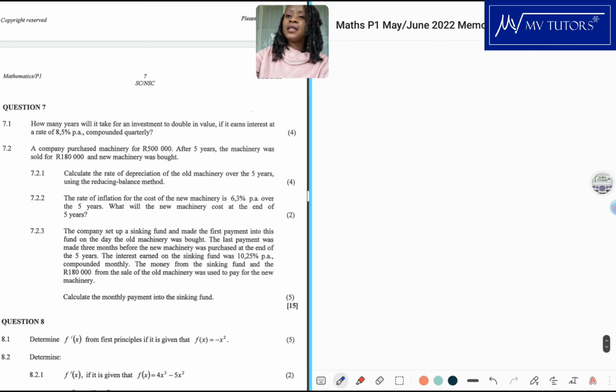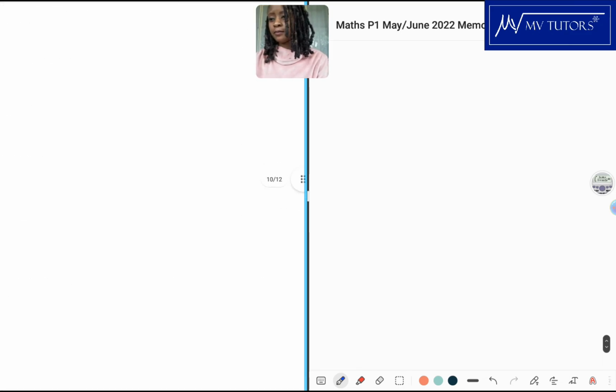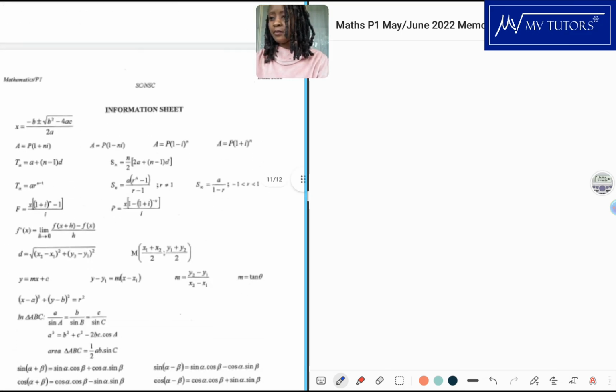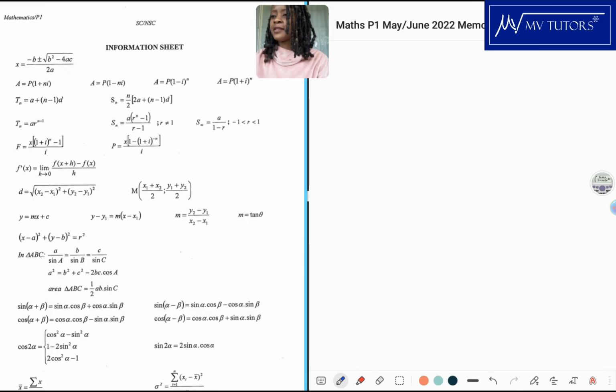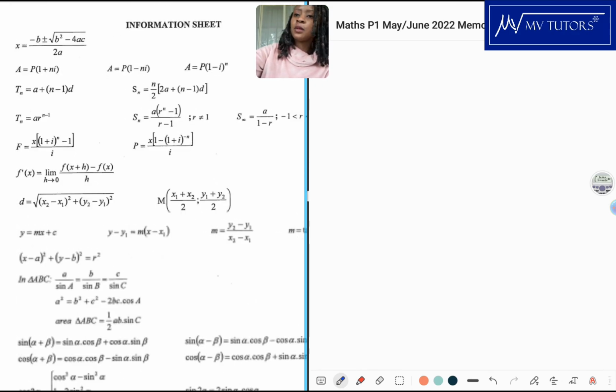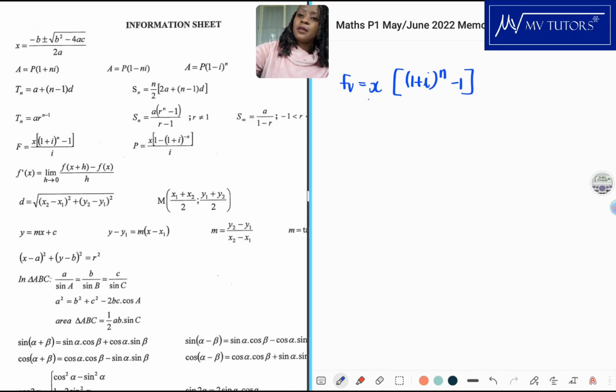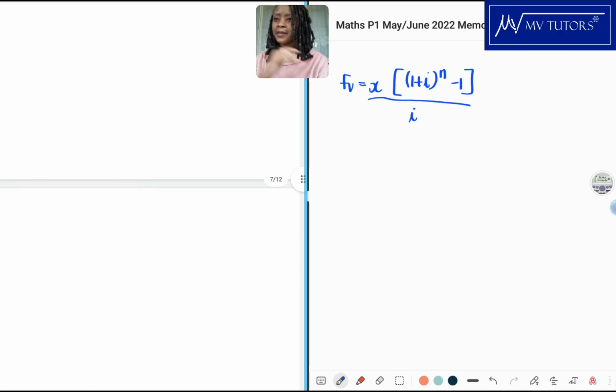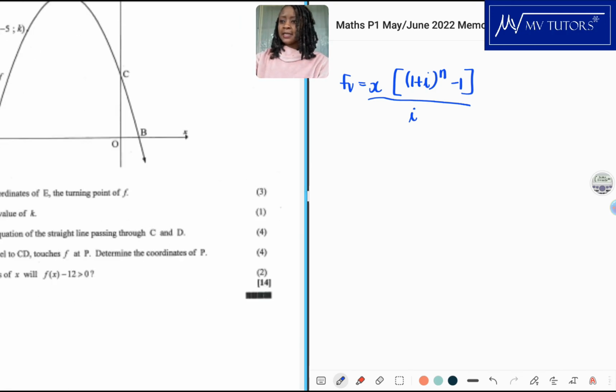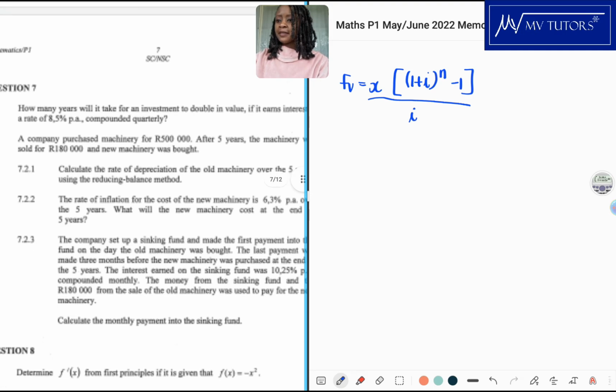So we have everything that we need. We just need the formula, and then we are good to go. So it's a future value because we are investing. We didn't take out a loan. So future value is X times (1 plus I to the power N minus 1), all of that divided by I. Okay, let's go back to the question. Question 7.